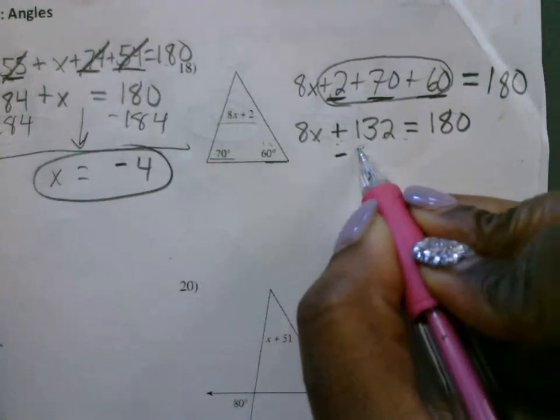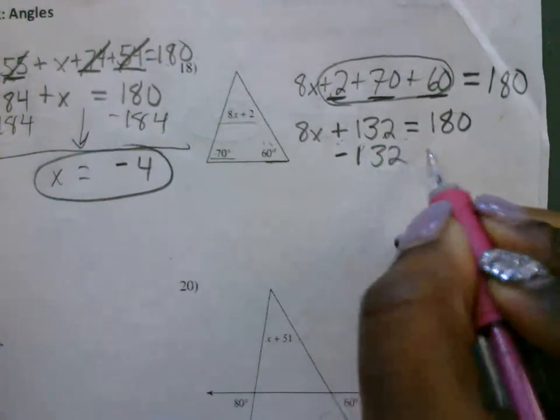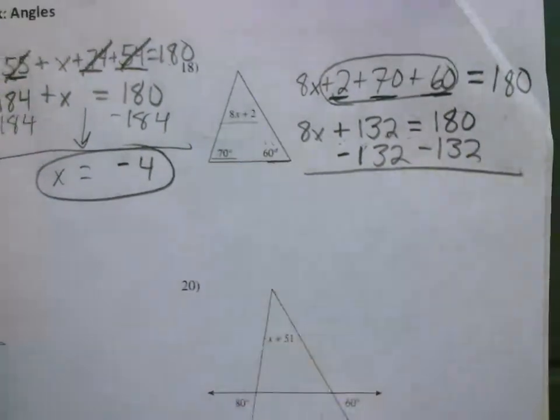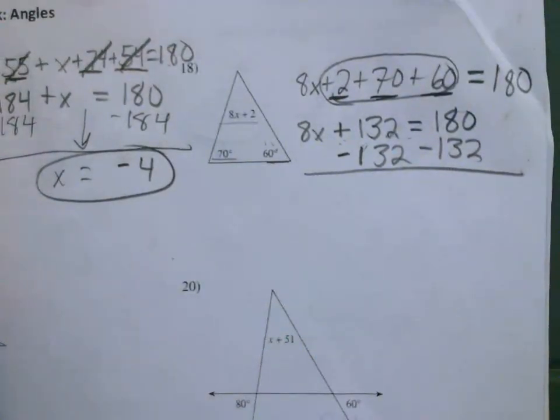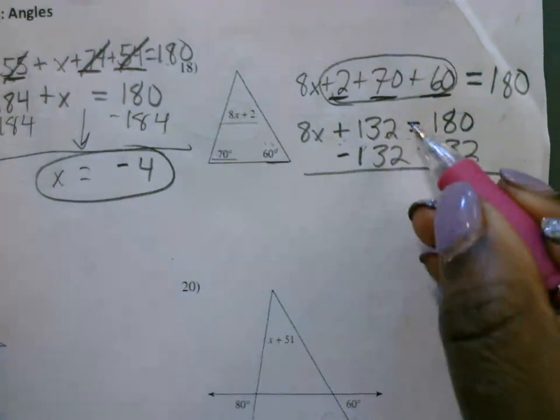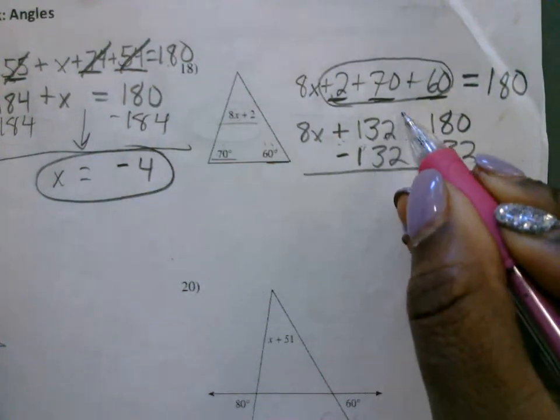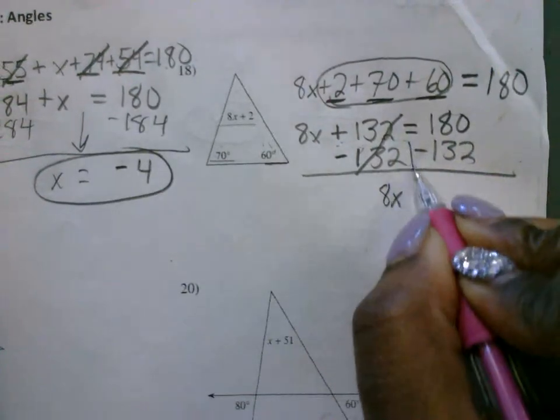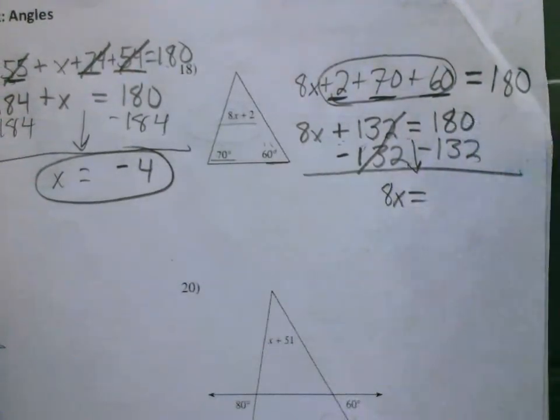Yes. Okay. So you're going to subtract 132 from both sides. When you subtract 132 here, this is 0, and we're left with 8x. Bring down the equal sign. Type this in. What is 180 minus 132?